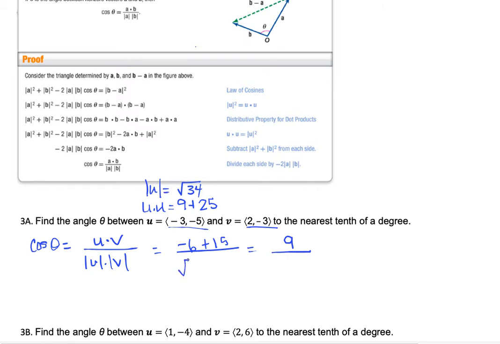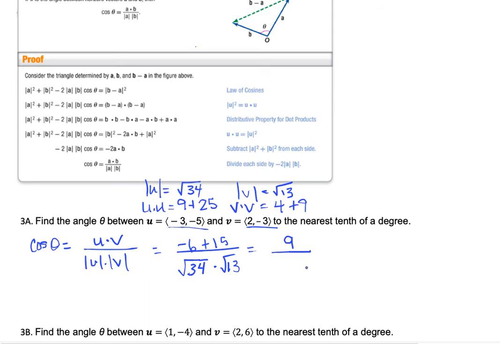So I'm going to write that down here. And then the same thing with v. If we find the dot product of vector v, we have 4 plus 9, or 13. So the magnitude of vector v is the square root of 13. So I'll put that down here.